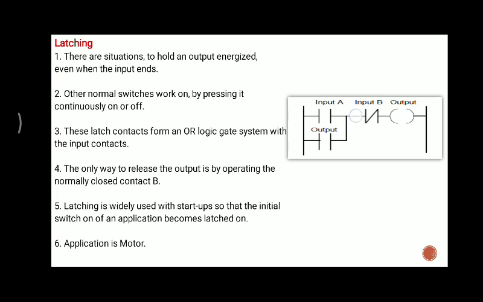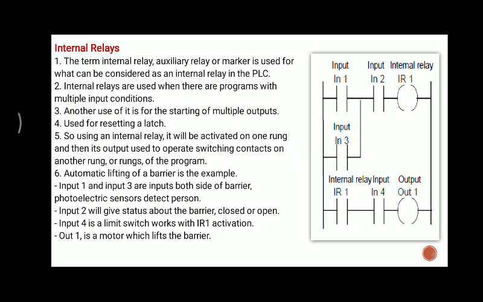So this input B works as a stop button. If you press the stop button, meaning we are opening this input B contact, then this motor will stop. So this latching is very important, and it is used in many applications in industry. The best day to day application is motor action. So that is latching.